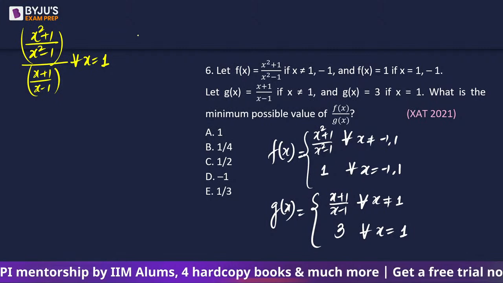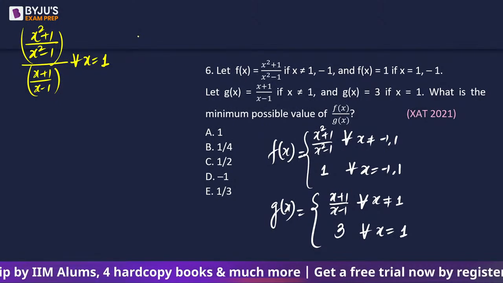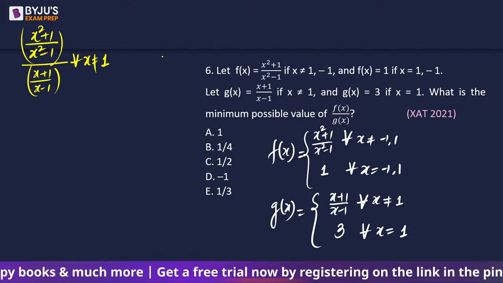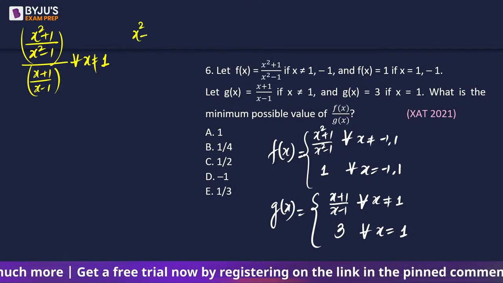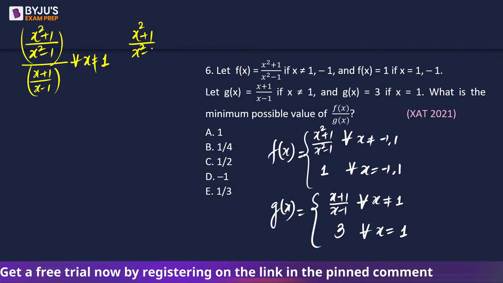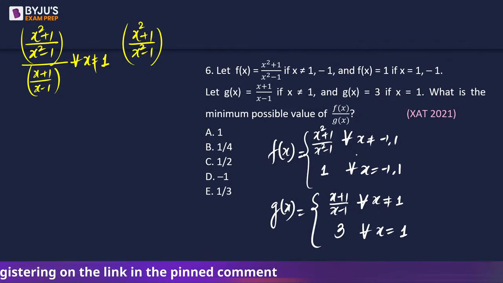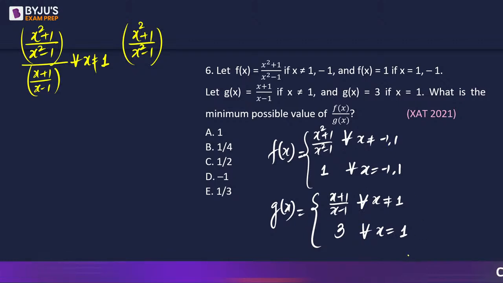The other possibility is x is not equal to 1, sorry. The other possibility is if I take x square plus 1 upon x square minus 1, this is f of x. ठीक है? And when x is not equal to -1, तो ये हमारा by 3 दे देगा.